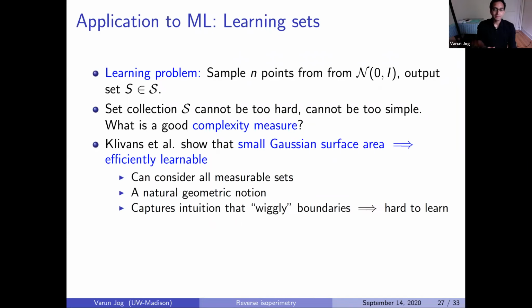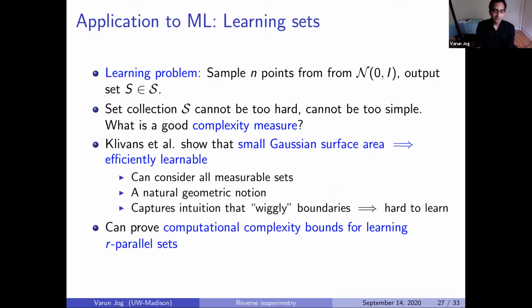In a 2008 paper by Adam Klivans and collaborators, they showed that the Gaussian surface area can be thought of as a good complexity measure. If you have sets that have a small Gaussian surface area, that means they are not very wiggly, which means you should be able to learn them.